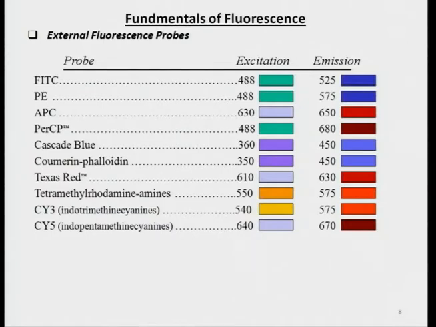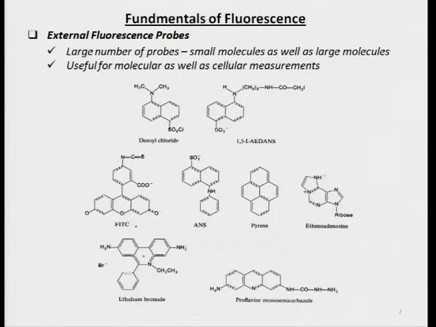This gives you an idea that you can actually utilize a large number of different probes such that the emission wavelength is in the visible region. Whereas most of the previous probes, not all, but most of these probes, have emission and excitation in the UV range, which is typically not easy to work with.